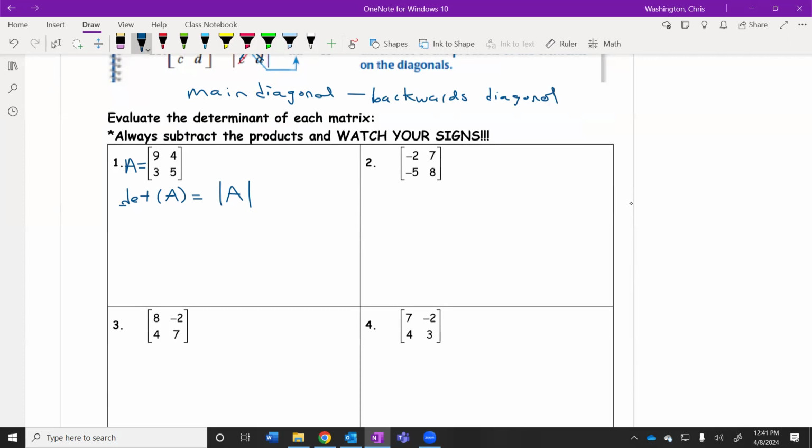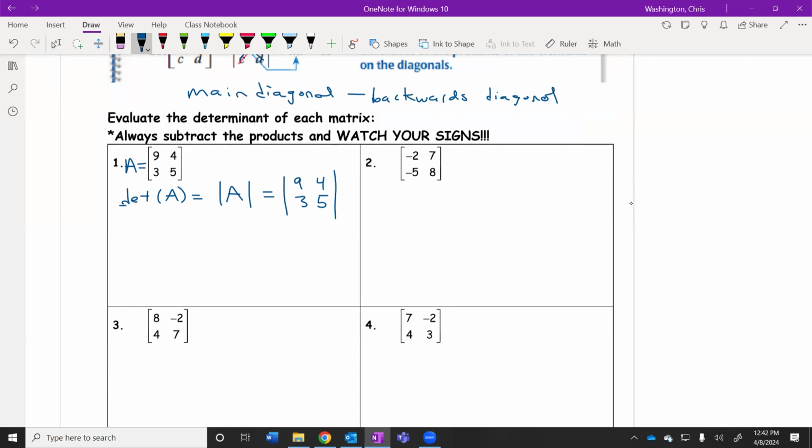That means the same thing. Or even if we didn't give this matrix a name and we just used the straight lines and put 9, 4, 3, 5 inside the straight lines instead of the brackets, that would also mean the determinant, not the matrix, but the determinant. If I intended for that to be the determinant, I would not use brackets. I would just use the straight lines.